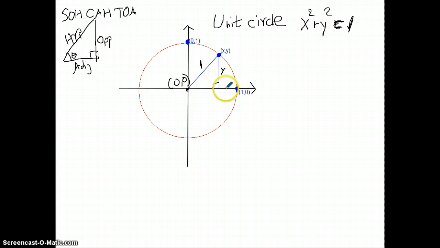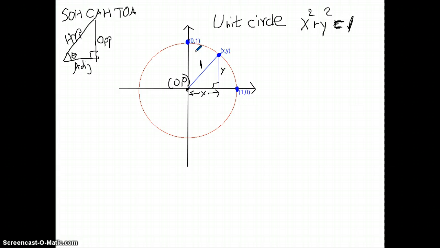And this length here, just not the whole radius obviously, but just from here to here, is going to be x, because we're going from 0 to x. That's this horizontal distance.